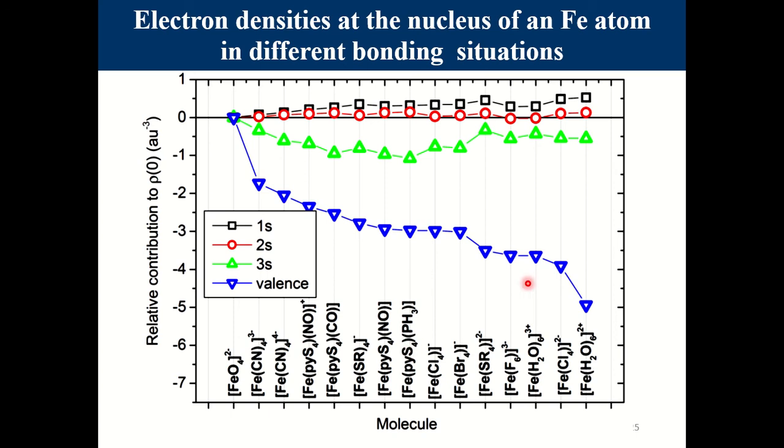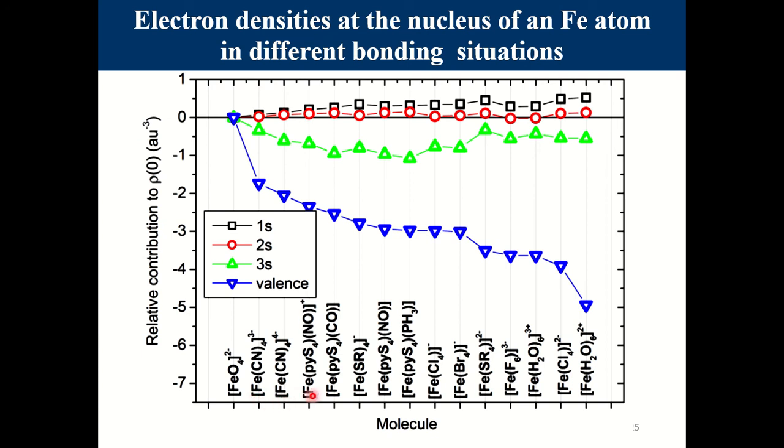So this is the electron density profile again, in relation to the bonding situations. On this side we have Fe in the Fe2+, Fe3+ states, and so on, and on this side we have Fe in the zero valent state, and here we have Fe in negative ferricyanide.